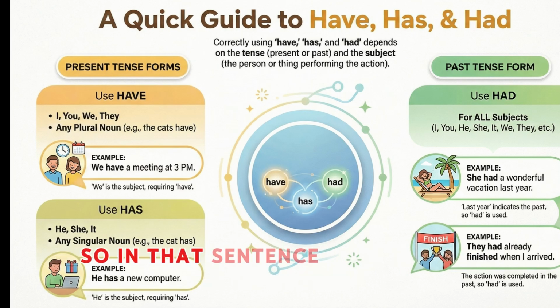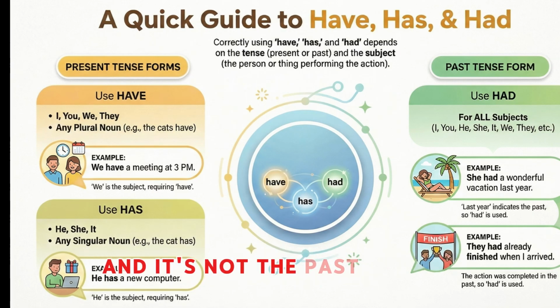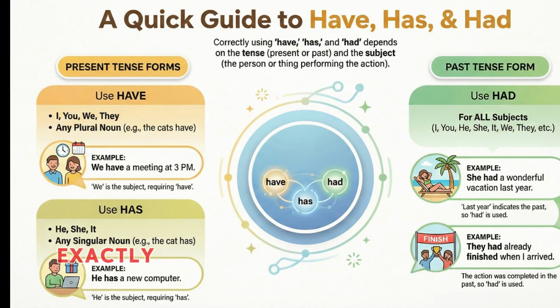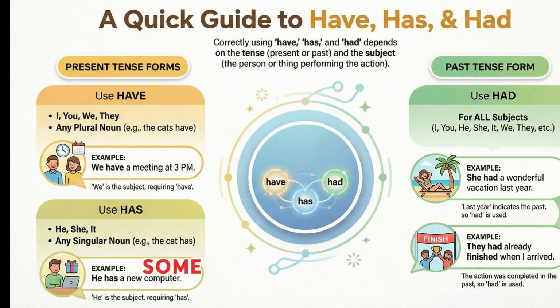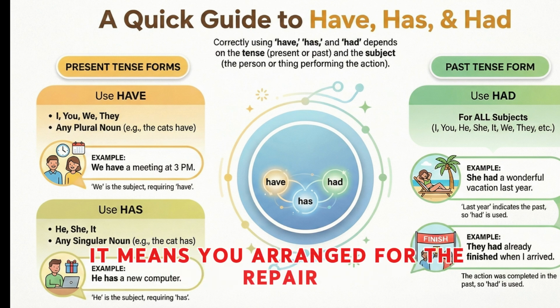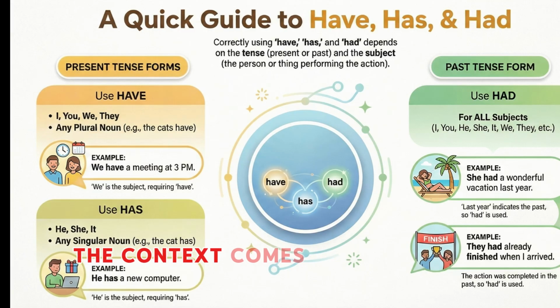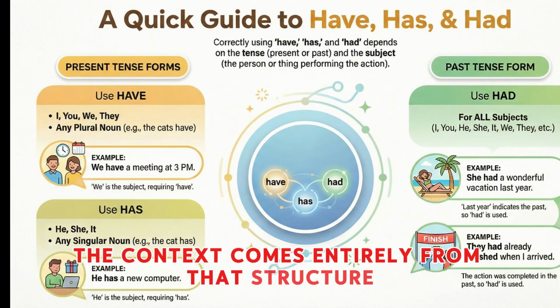So in that sentence, had doesn't mean possession, and it's not the past perfect. It means to cause or to arrange. Exactly. So if you say, I had the roof repaired, that doesn't mean the repair happened before some other past event. It means you arranged for the repair. The context comes entirely from that structure.